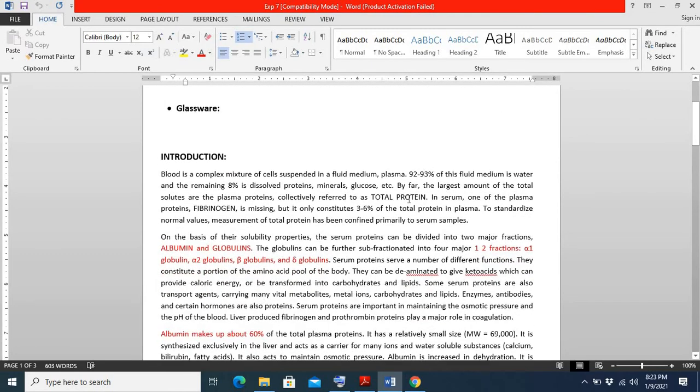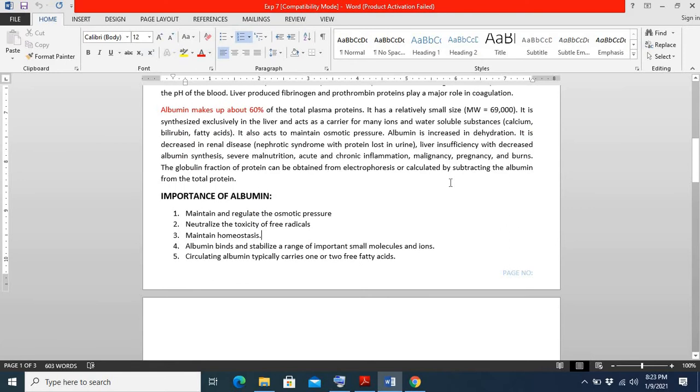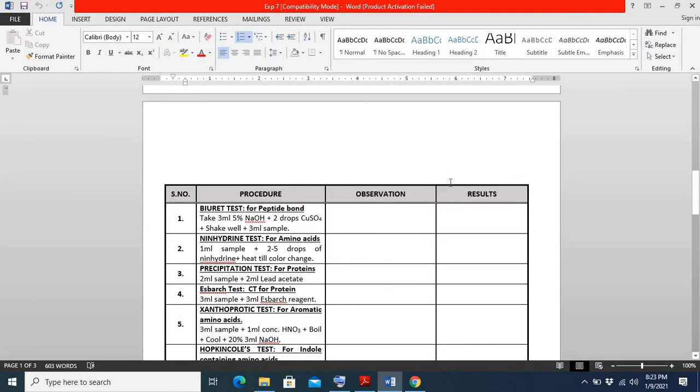So we have to qualitatively analyze the presence of protein in the sample, and what type of protein is present, if the protein is present in the sample or not.